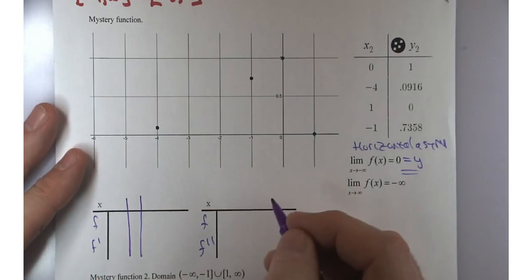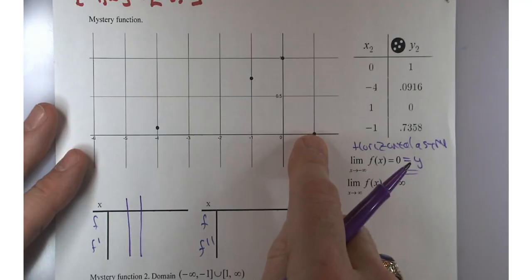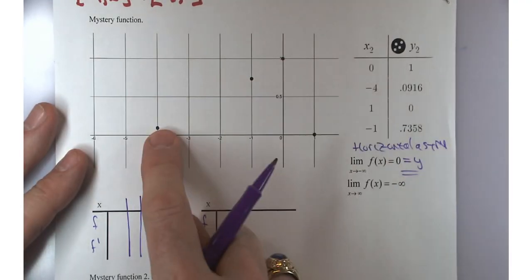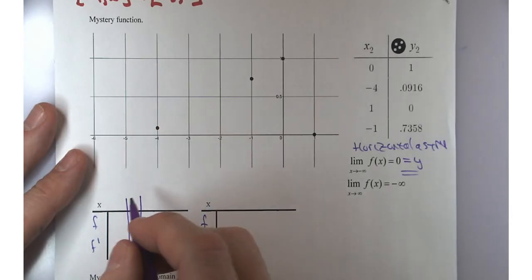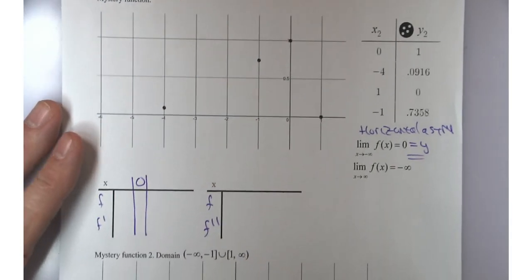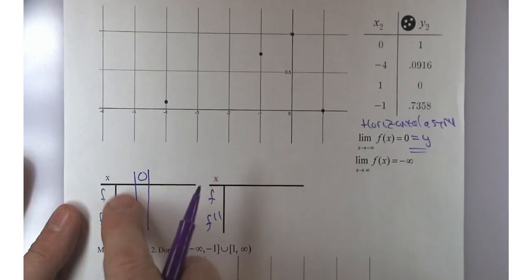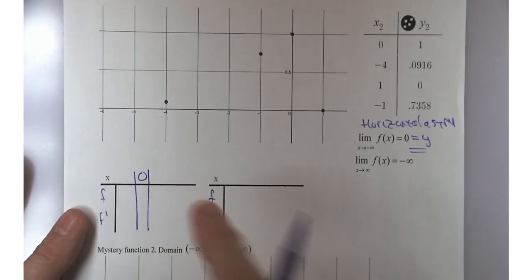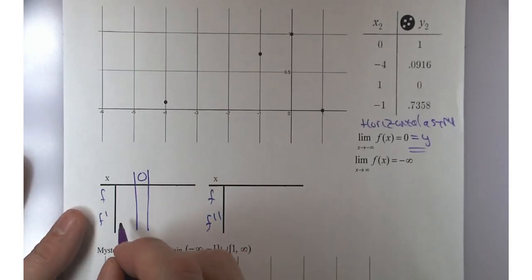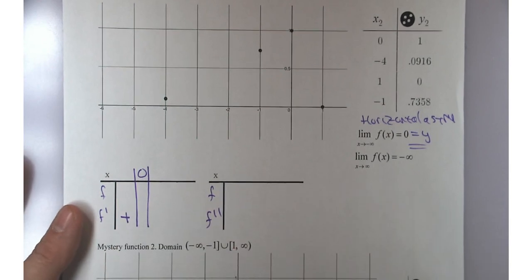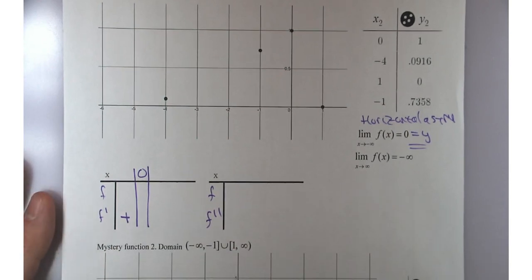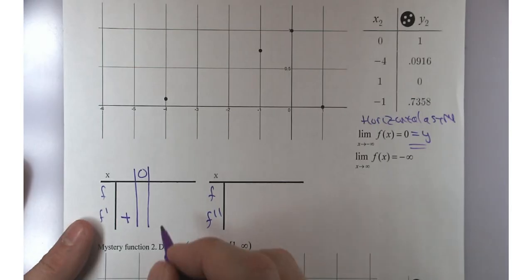And let's see, do I want to test a couple points? I don't think I need to test that one, this one maybe, and then this one. I think these are going to be points for concavity, so let's just test 0. So you want to test to the left of 0 and to the right of 0. To the left of 0, the derivative is positive. To the right of 0, the derivative is negative.